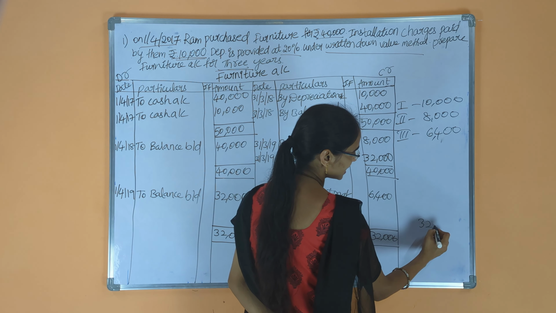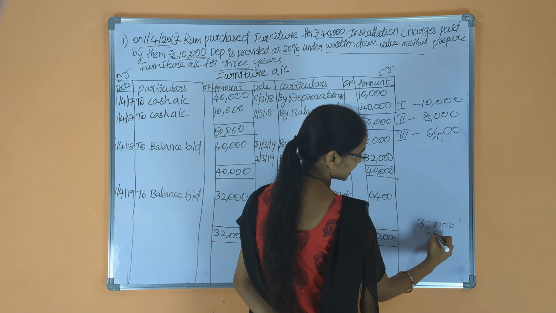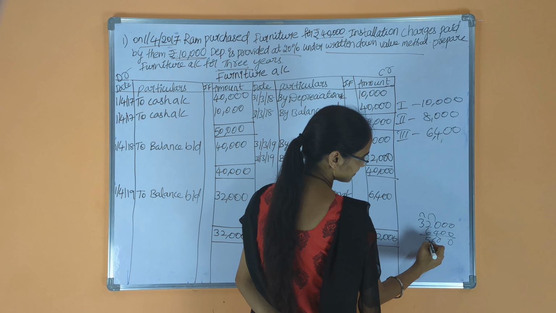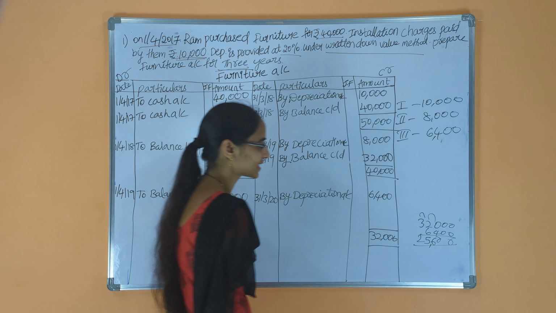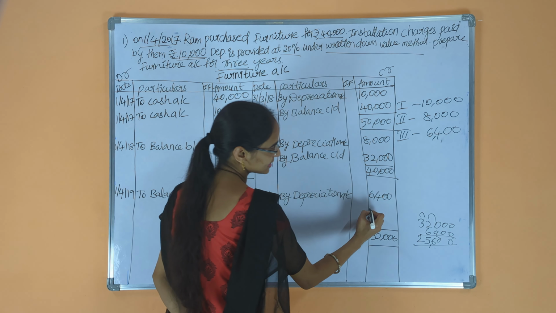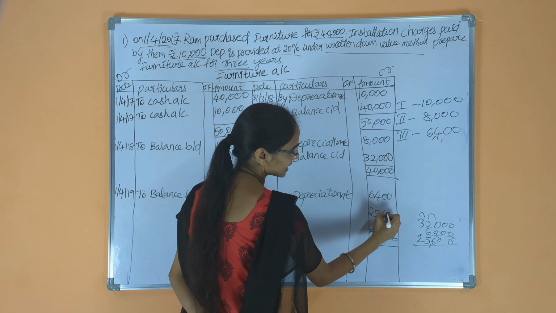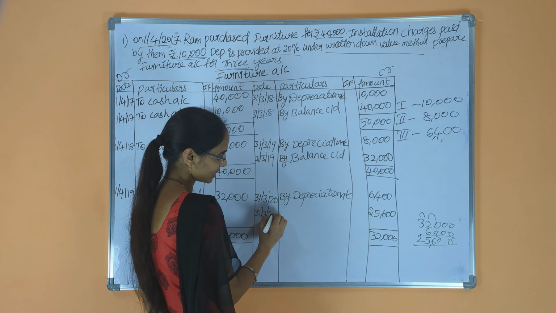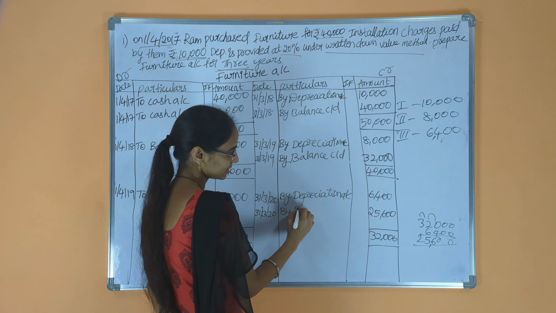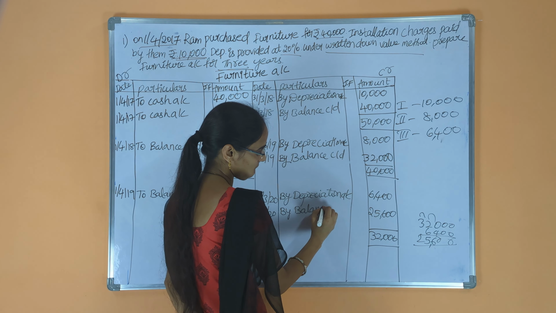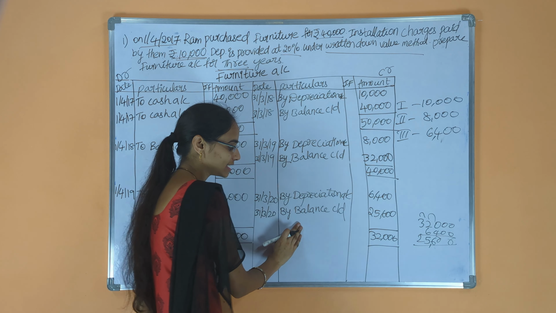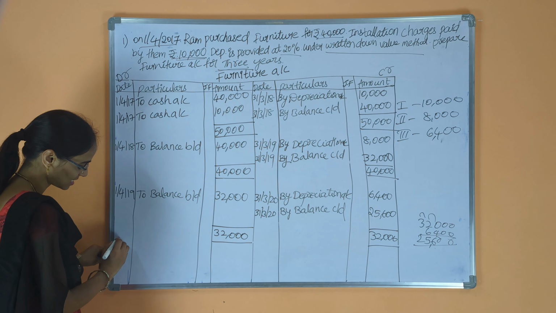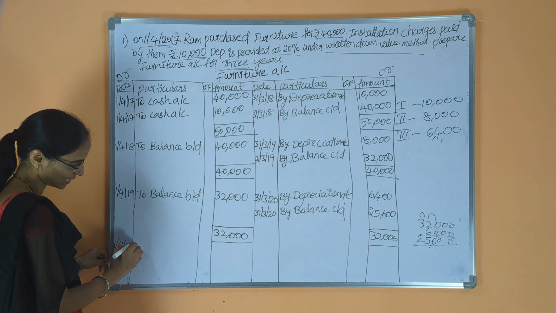How much amount we need to close this account is 32,000 minus 6,400 is 25,600. This 25,600 is the closing balance on 31st March 2020 by balance carried down. So this year closing balance is the next year opening balance, that is 1st April 2020.